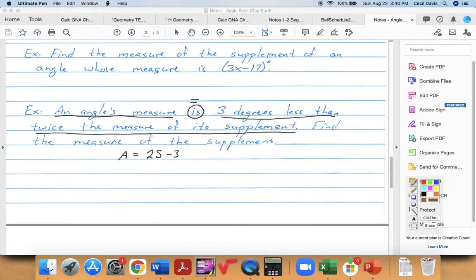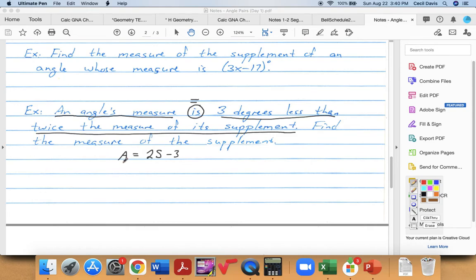Now, there are 2 different ways to solve this problem from here. We've rewritten this, but the problem that I have right now is there are 2 variables and only one equation. That's a problem. What you can do is, first, we know the supplement of an angle is 180 minus the angle.